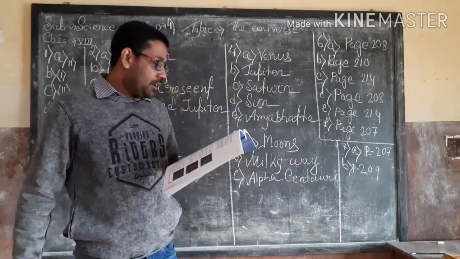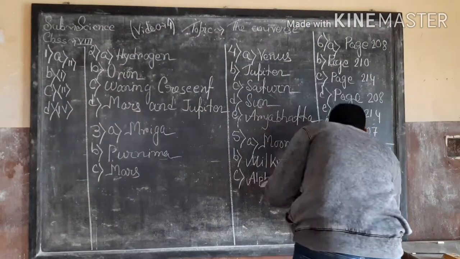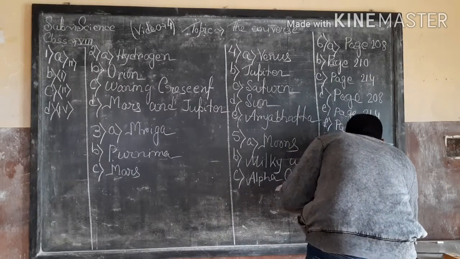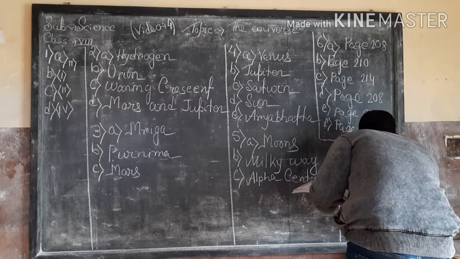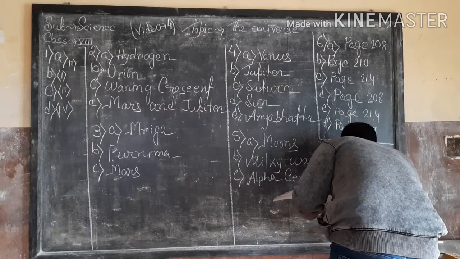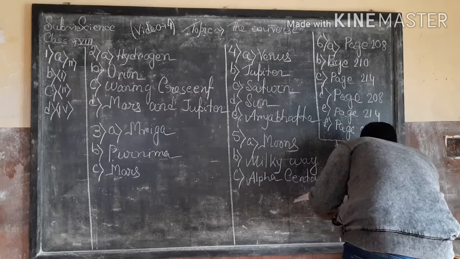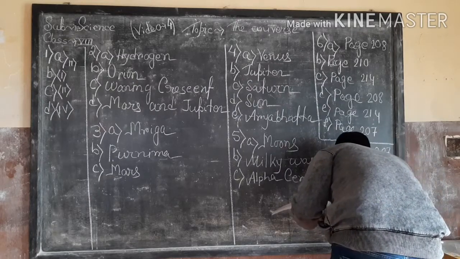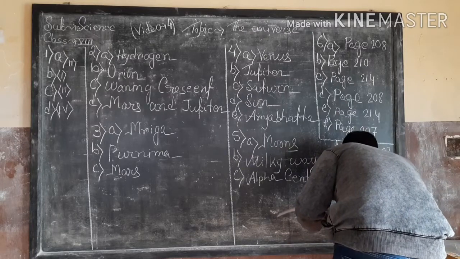For 7B, consider the third point under Ursa Major.